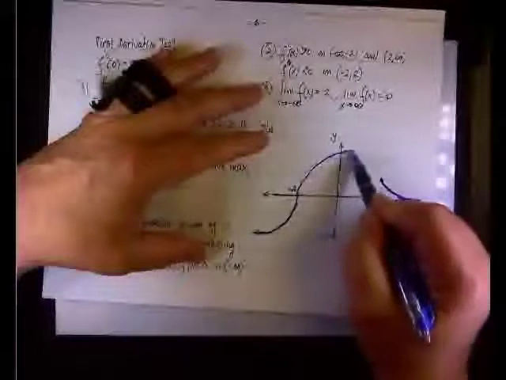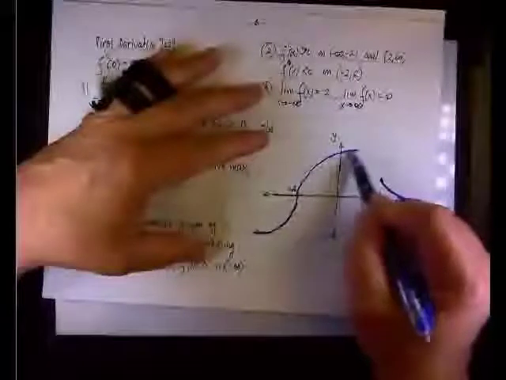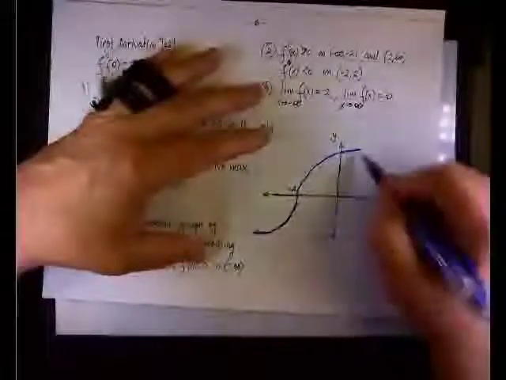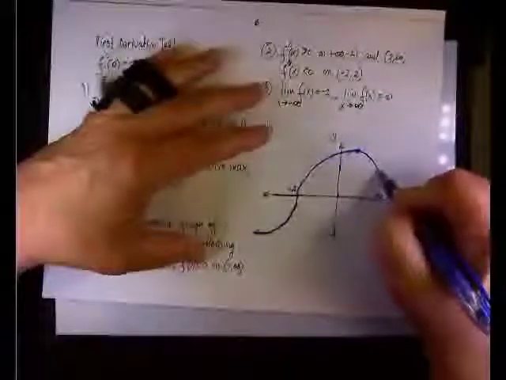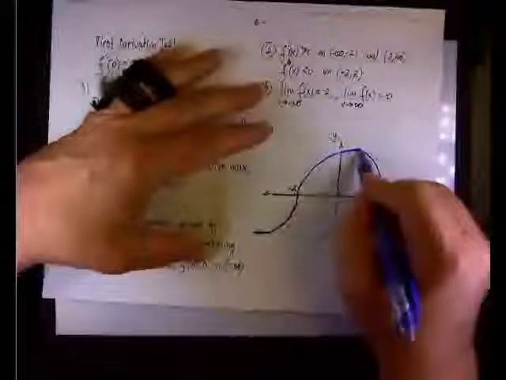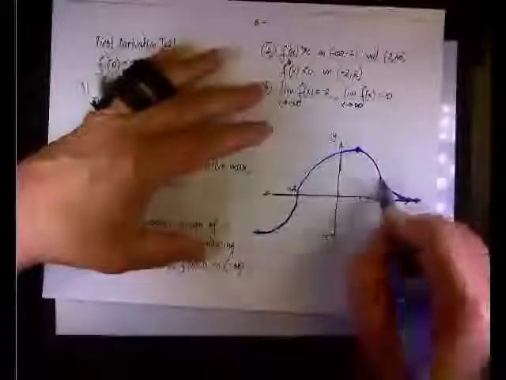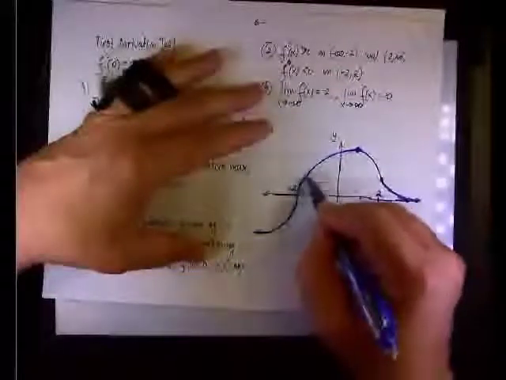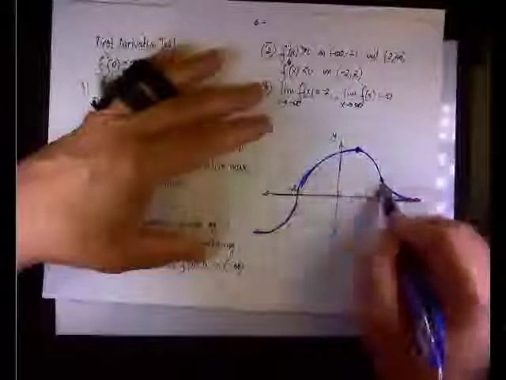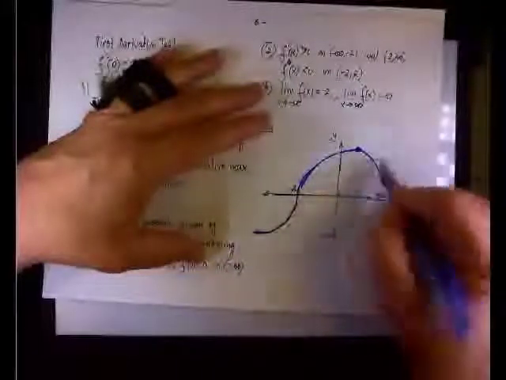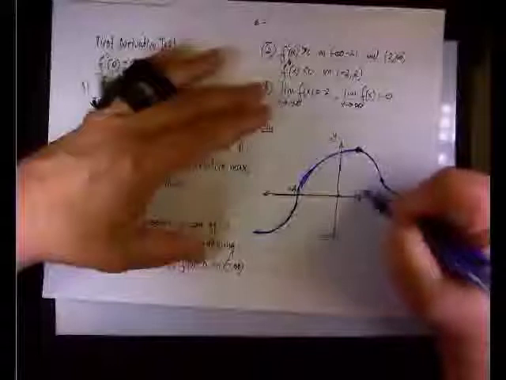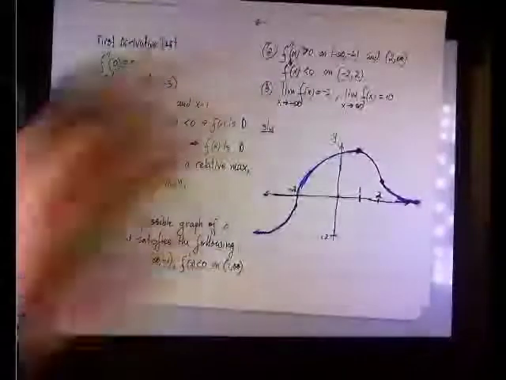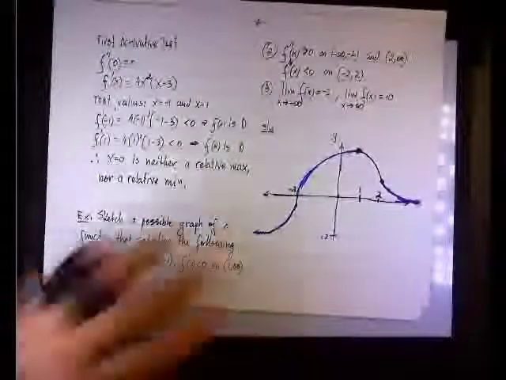So partly, right here, I have some sort of local maximum, and I'm going down like so. So here, what happened, I satisfied two things. I satisfied concavity down from negative 2 to positive 2, but also I satisfied the fact that from 1 to infinity, the function is decreasing. Okay?